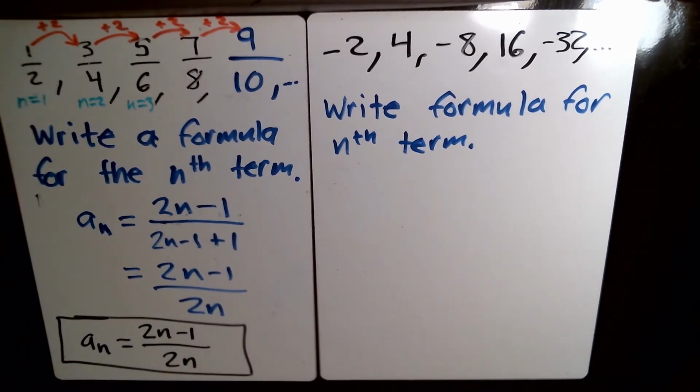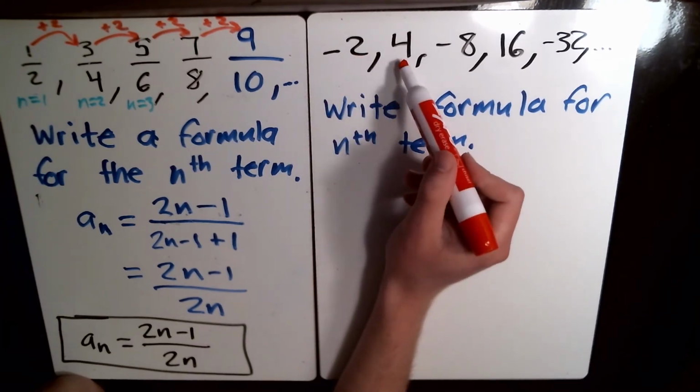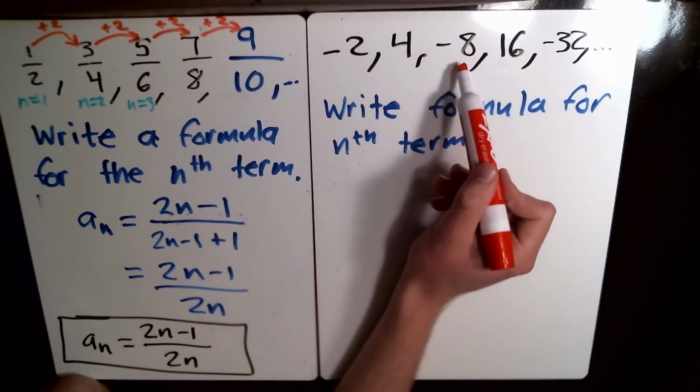We first want to look at the pattern here. So it starts at negative 2 and then goes to positive 4. Then it switches to negative 8.